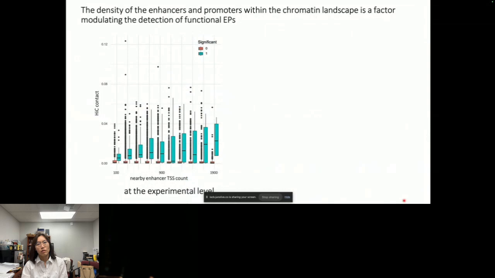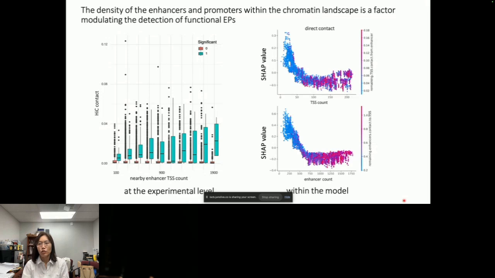If you sort the genes by how many enhancers and promoters are nearby, what you find is that for Gasperini to call it a positive EP pair, if you were in a region where there were lots of enhancers and promoters, you needed a higher, stronger Hi-C contact. And our model was picking that up as well. So if you're in a region with very many enhancers and promoters, you were less likely to be called a positive enhancer.